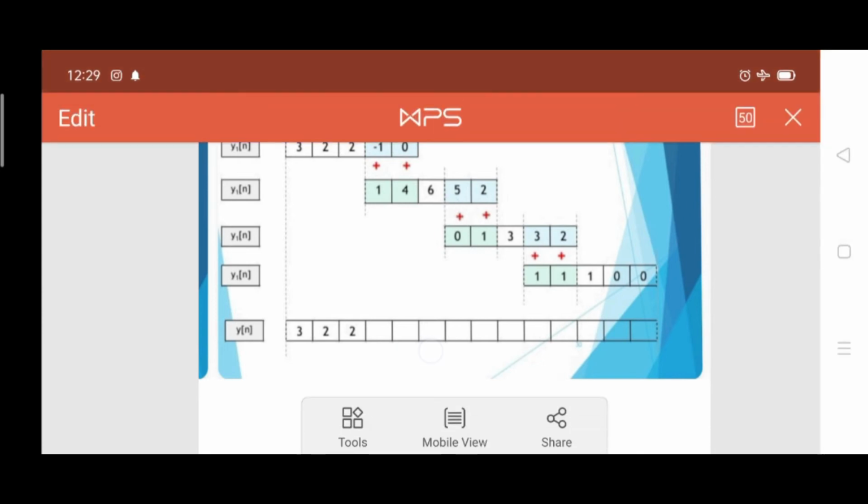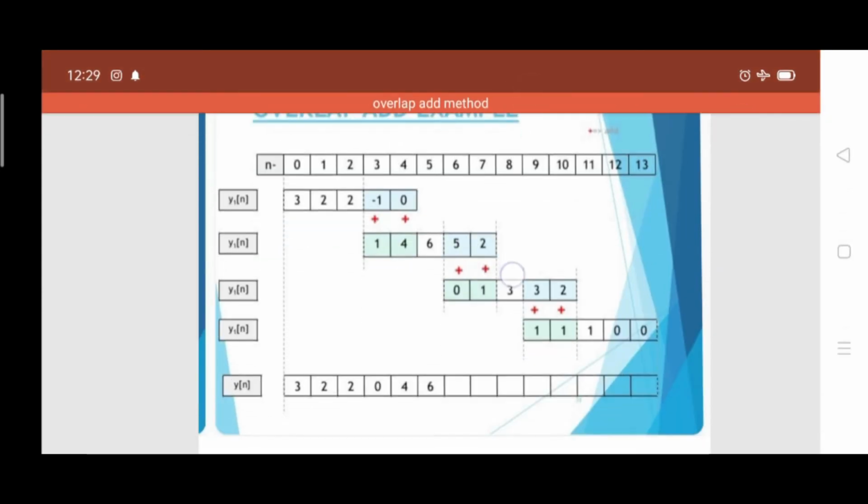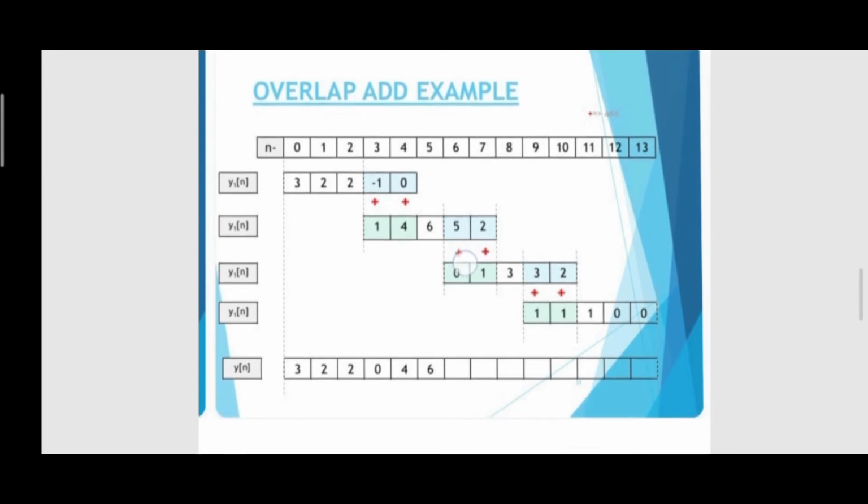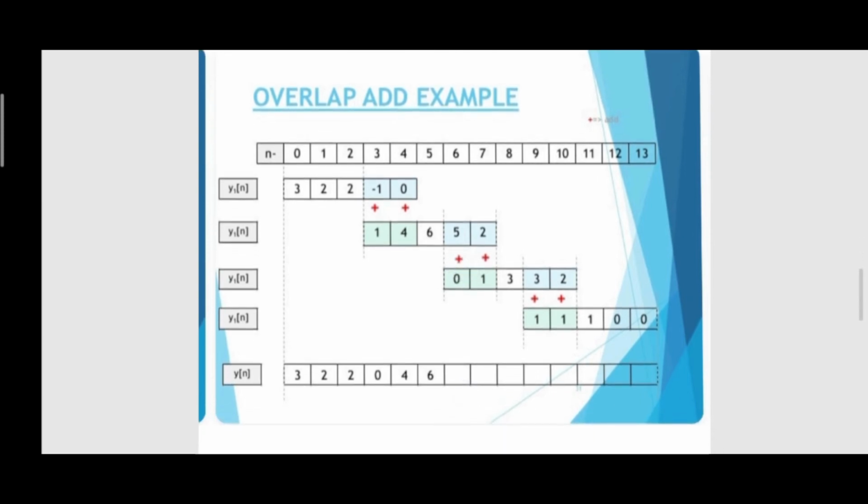Then write 6. So we got the values 3, 2, 2, 0, 4, 6. Then we have to add 5 plus 2, so 5, then 2 plus 1 is 3, then 3, then 3 plus 1 is 4, 2 plus 1 is 3, then 1, 0, 0.